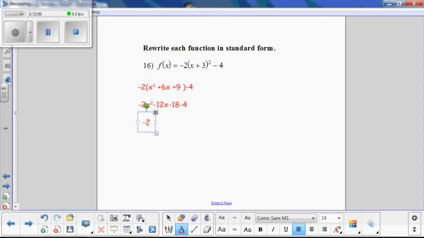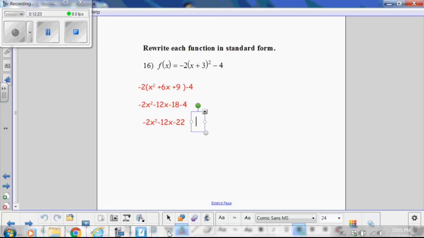So then I can combine like terms. So I still have -2x² - 12x - 22 when I put the -18 and -4 together.